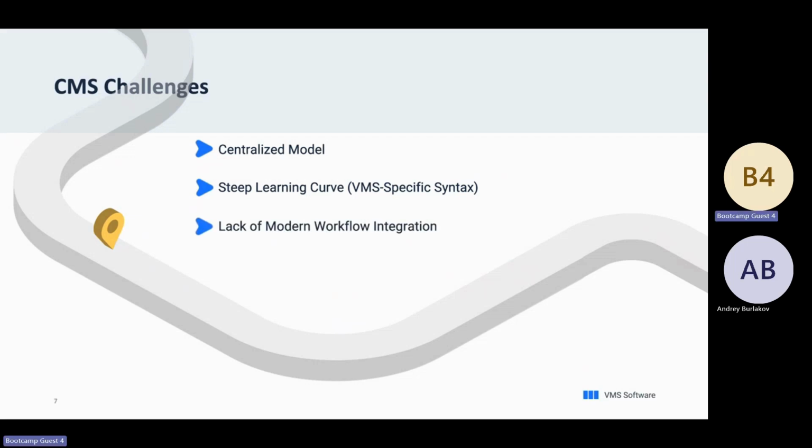The other big gap right now is the lack of modern workflow integration, especially CI/CD tools, continuous integration and continuous deployment. When we're using these tools, you can avoid some bugs before deployment, and you can have daily builds and release builds.